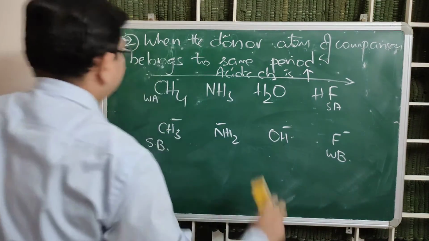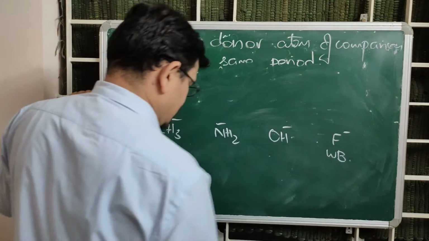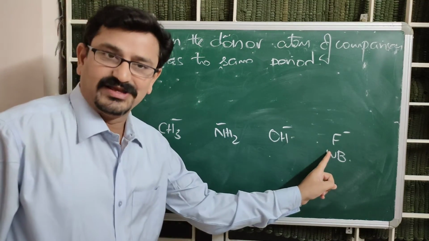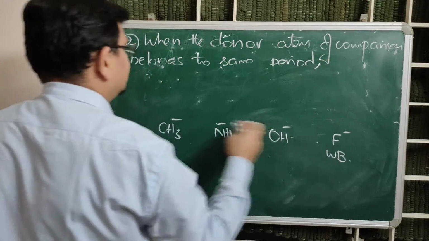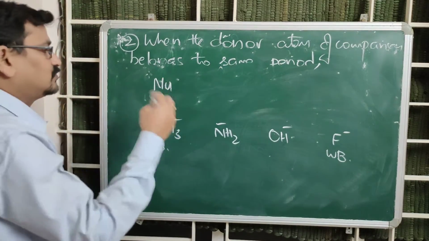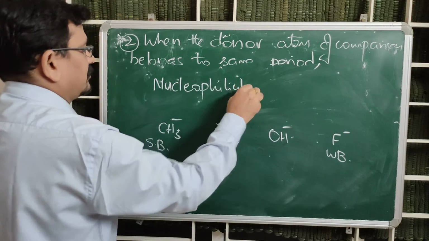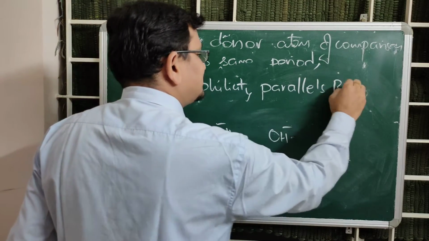Now, the point to be learnt here is the thumb rule: when donor atoms of comparison belong to the same period, nucleophilicity parallels basicity.